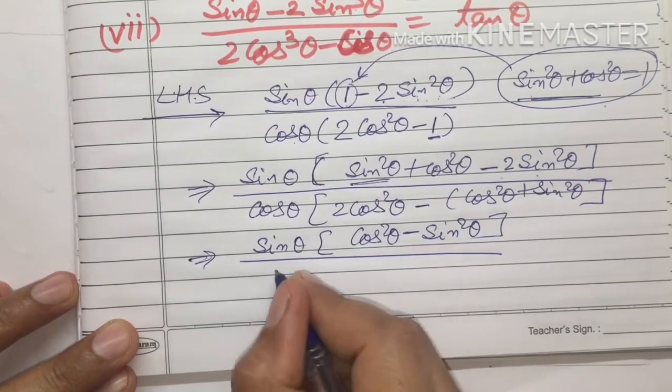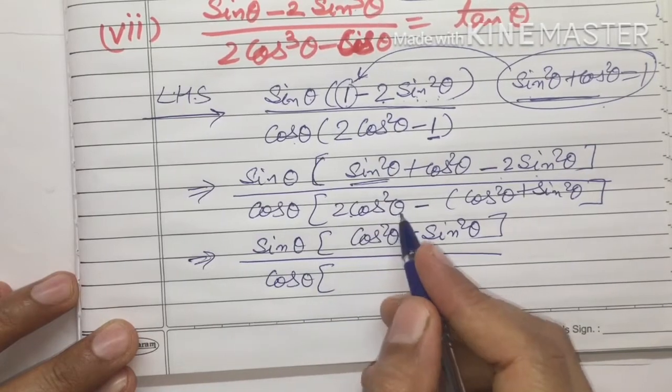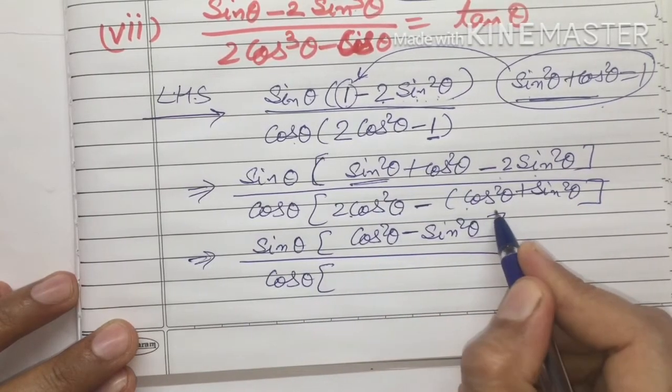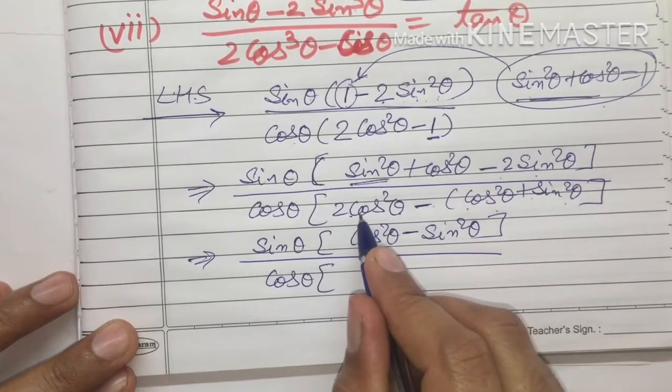In the denominator cos theta is out of the bracket, and this is 2 cos square theta minus cos square theta and minus sin square theta. So 1 minus, we do from 2 cos square theta. So what will be left?